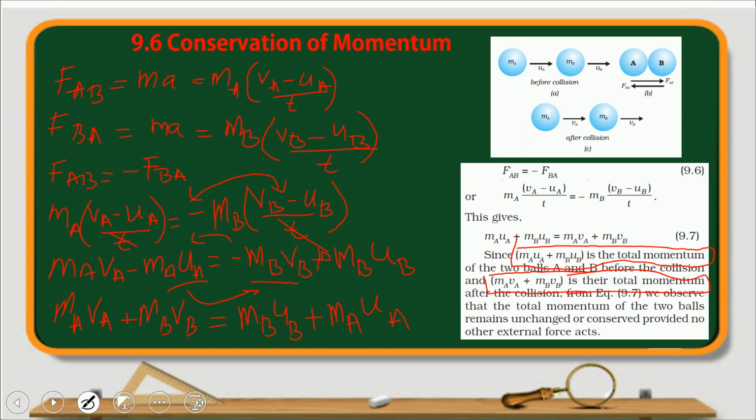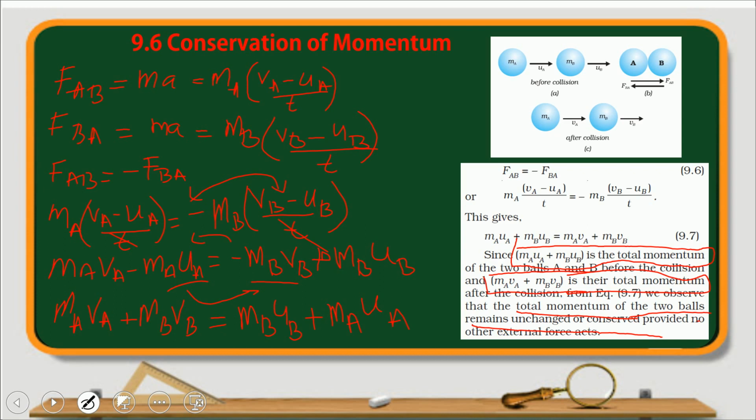That means the total momentum of the two balls remains unchanged, that is, remains the same. Unchanged means conserved, saved, not changed. Understand? That is conserved. So this is called Newton's law of conservation of momentum.